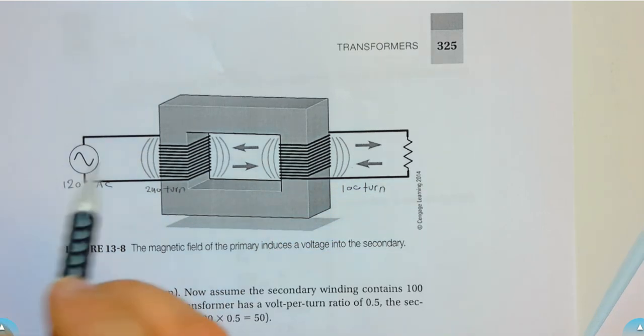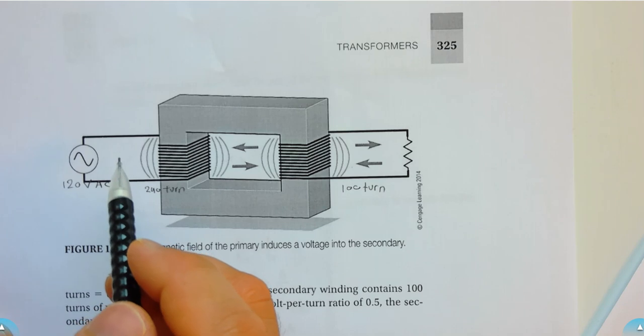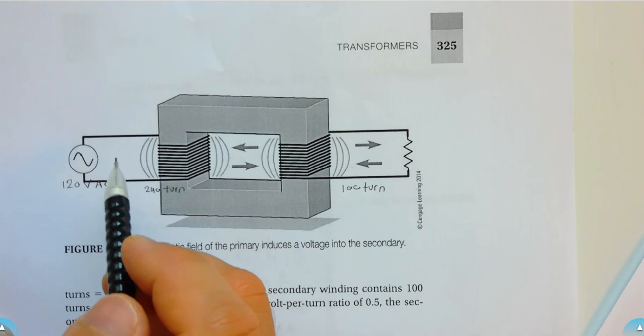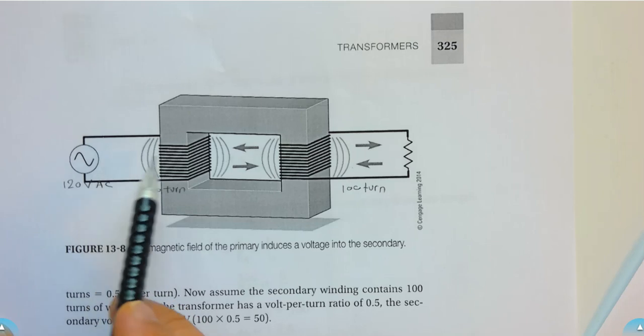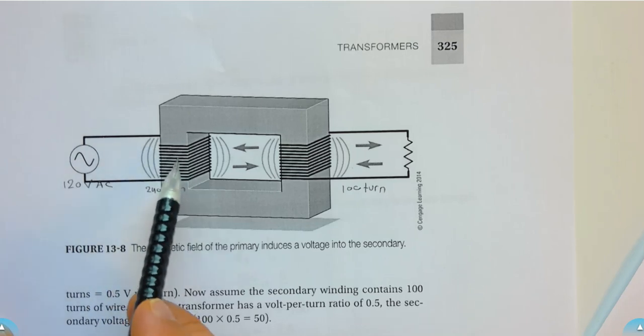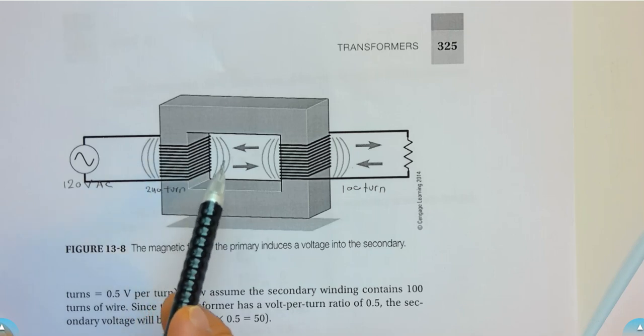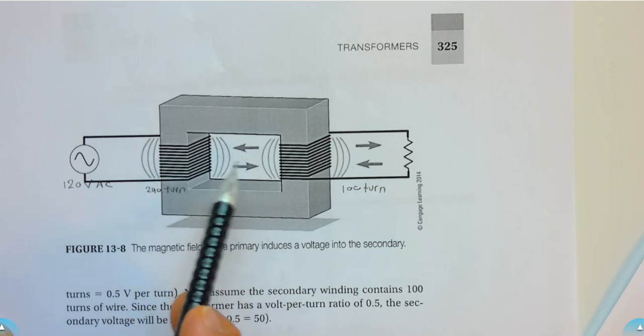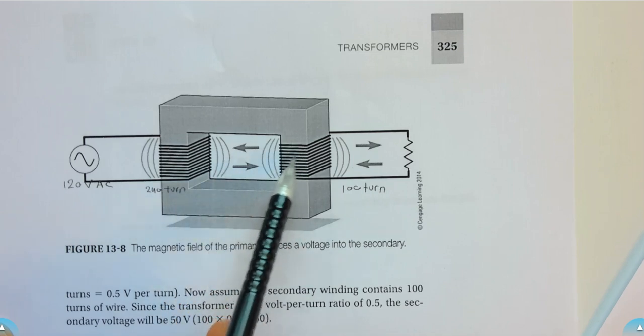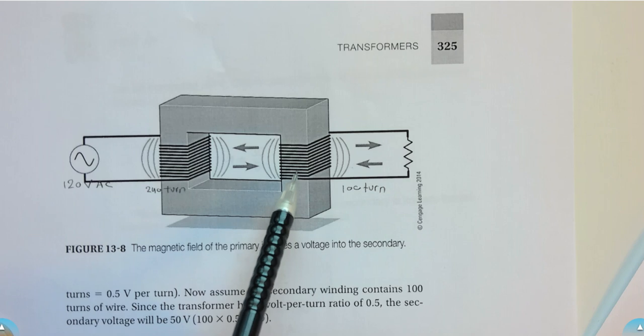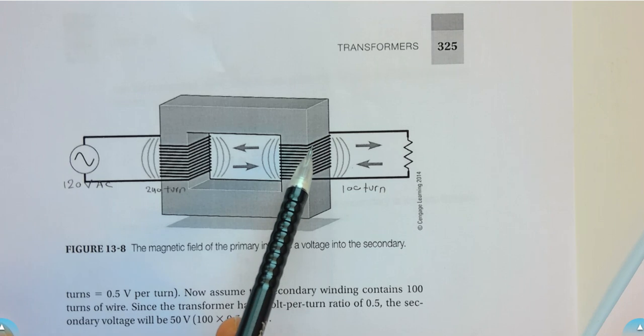Okay, so here is the primary winding, which will produce a magnetic field. You can see there is a magnetic field here. This magnetic field will cut the secondary winding, and this will produce an induced voltage.